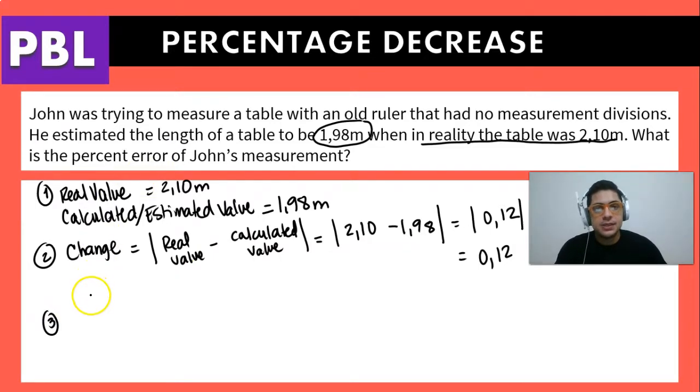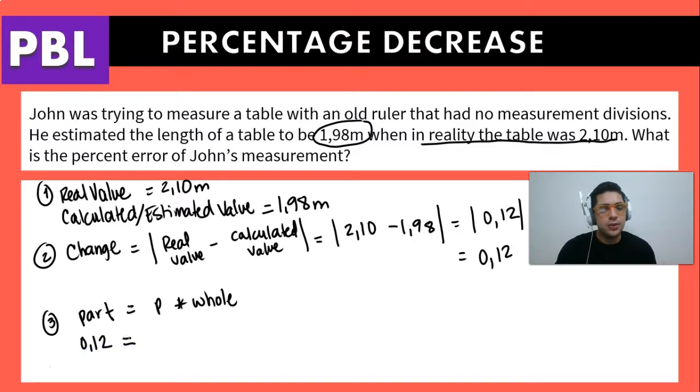Now, remember, guys, the percentage error using the percentage formula is going to be always the same formula. Part is equal to the percentage multiplied by the whole. The part is the difference, so the part is going to be 0.12, and that is going to be equal to the percentage multiplied by the whole. And the whole in this case is going to be the real value or the original amount, which is 2.1, right?